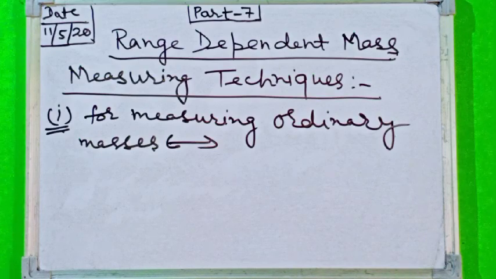Ordinary masses means masses which we face in our day-to-day life. So what are the measuring techniques? The physical balance or common balance. For the measurement of these masses we compare it with a standard mass with the help of the balance.